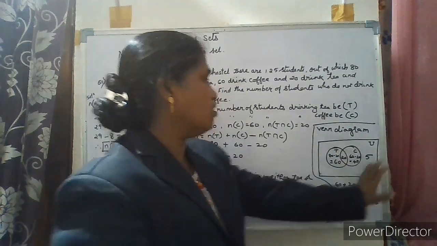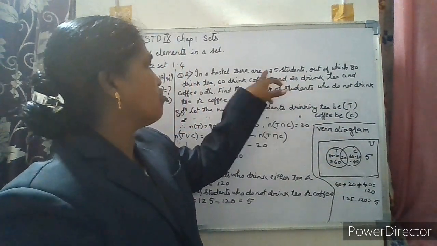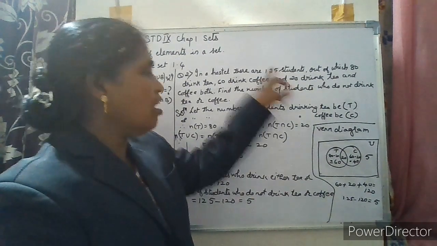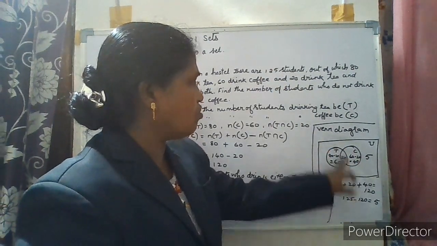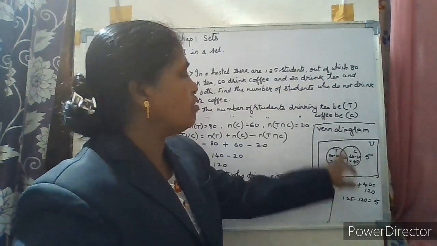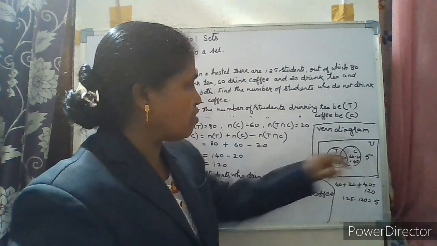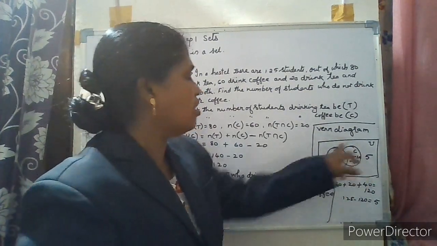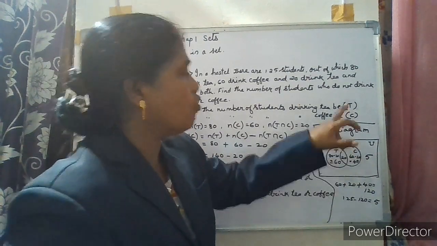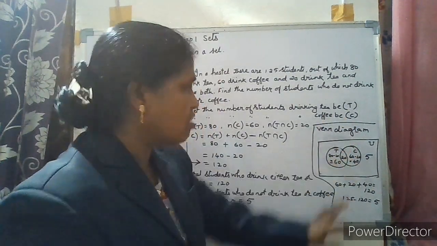So altogether this is showing the universal set. 125 is the number of elements in the universal set. This circle shows the number of students who drink tea, that is 60 plus 20, 80. This second circle shows the number of students who drink coffee, that is 20 plus 40, 60.